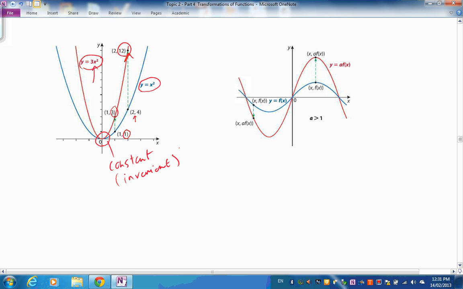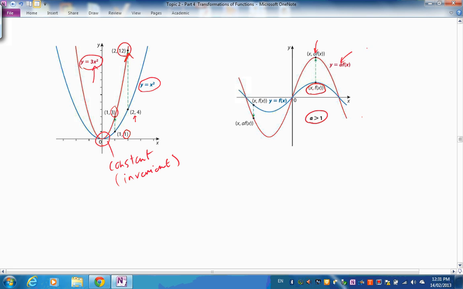So it is going to be stretched. So in general, if you start off with a function f of x, and then you multiply that function out the front by an a, it is going to stretch it up. Well, that's only if a is greater than 1, isn't it? It's going to be stretched up by a factor of a.